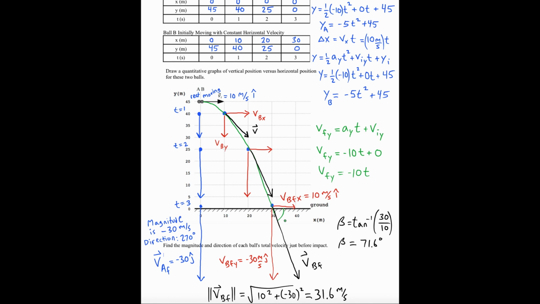That, of course, is going to be the angle between the x direction and the vector. So to get my standard position angle, since we're pointing toward the fourth quadrant, let's do 360 minus beta, which gives about 288 degrees.